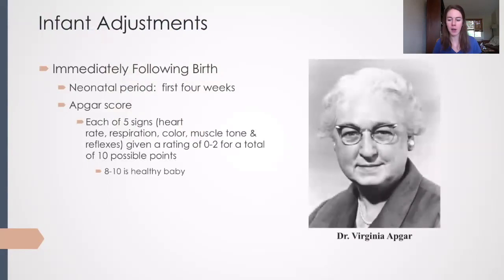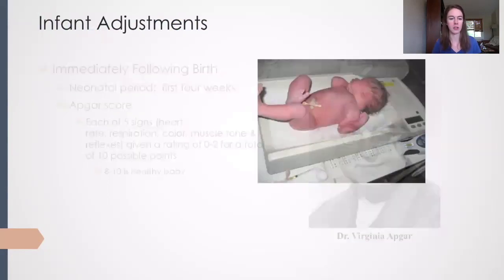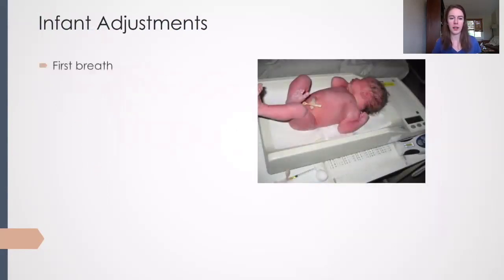So that's called the APGAR test, named for Dr. Virginia Apgar. It's kind of a shock to the body for the baby, because it has been in the womb for 9 months, developing, never breathing air, getting everything it needs from the placenta, from the mother. So this first breath can be extremely painful because you have to expand the lungs.